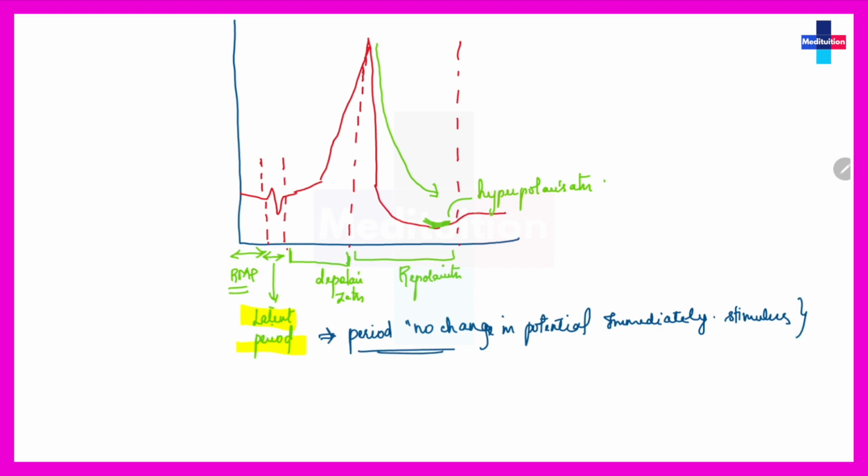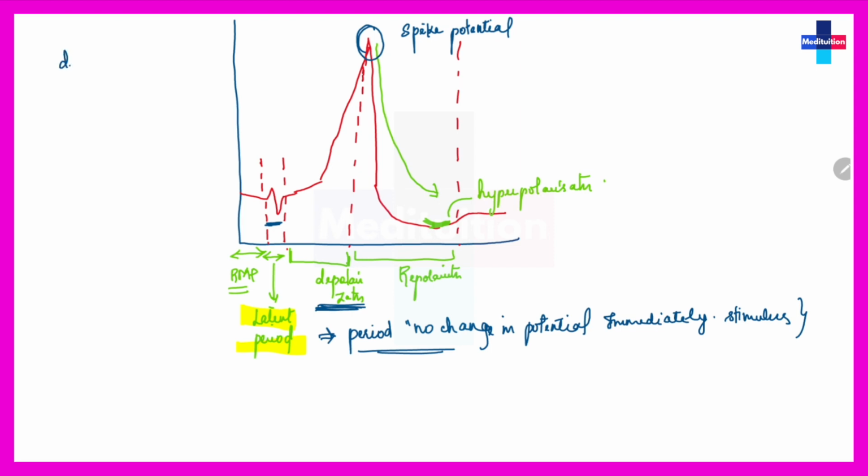This period is called the latent period. Then your muscle starts responding to the stimulus, that is depolarization, which is the starting period of the action potential. So we know what depolarization is, and we know what repolarization is. Simply remember that in repolarization you have a spike here. This is called the spike potential.